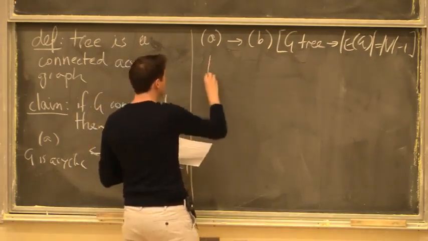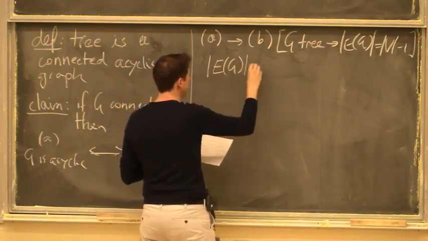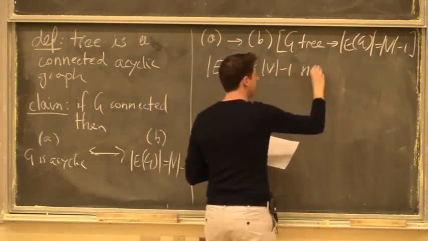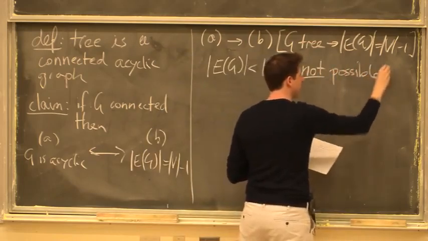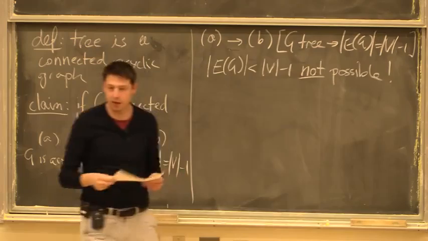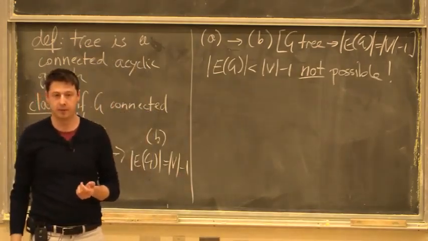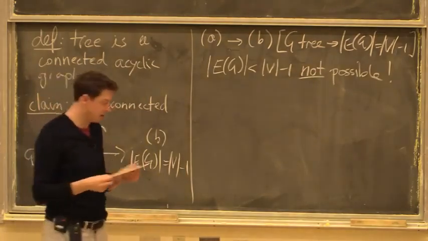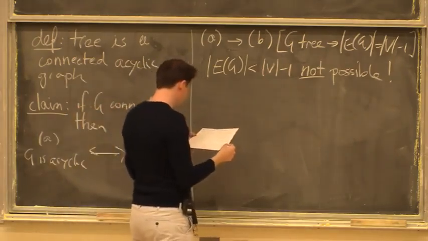Certainly, we do not expect the number of edges to be less than v-1, for a simple reason. If we have less than v-1 edges, there's going to be a lonely vertex, so it's not going to be connected. But why not more than v-1?